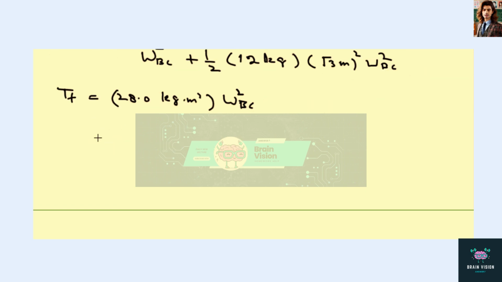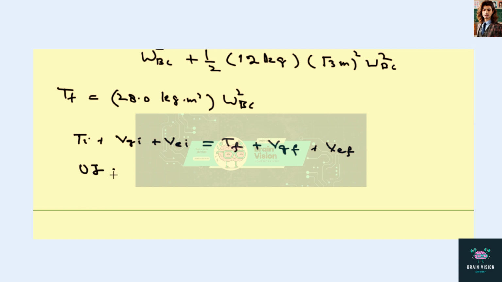Now let's apply the law of conservation of energy, which is written as Ti plus Vgi plus Vei is equal to Tf plus Vgf plus Vef. Now let's set the values into this equation.